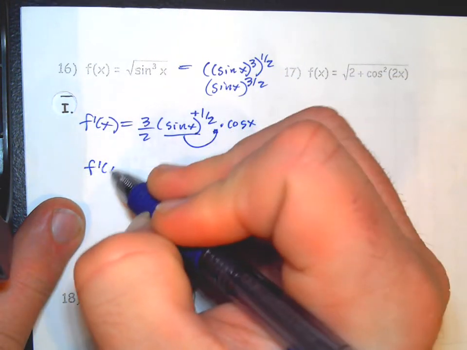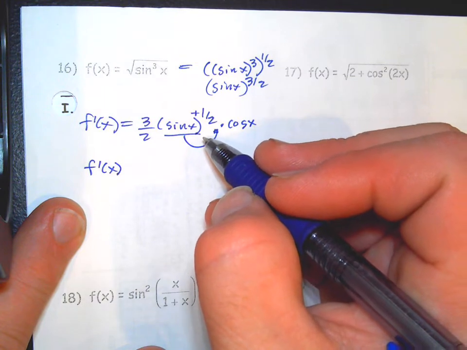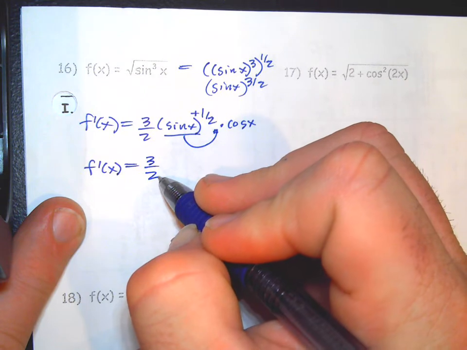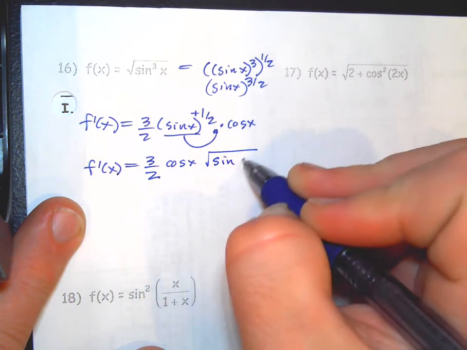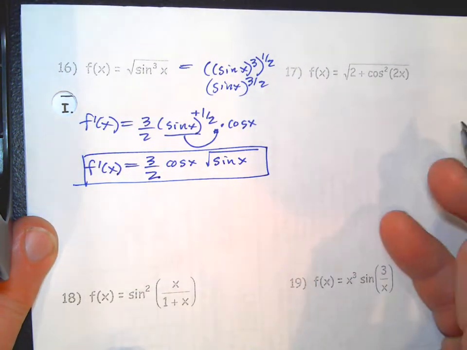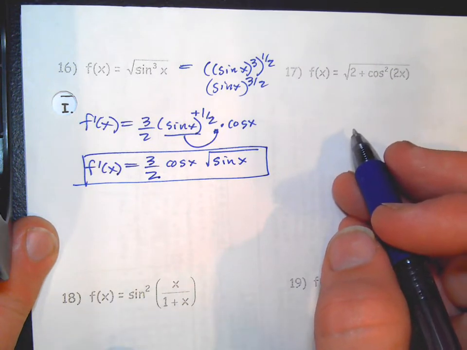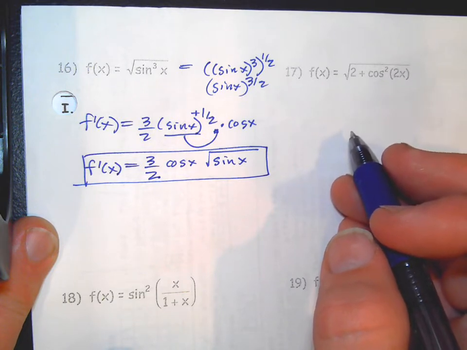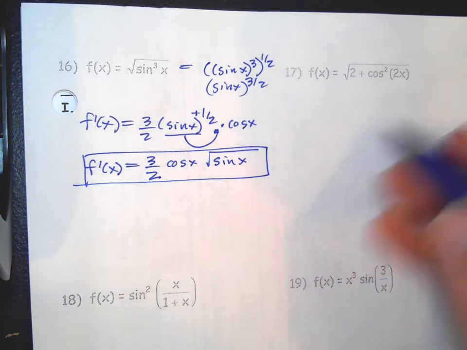And the final answer would be, I would put the cosine and then the square root of sine x. So that's how I do it. There are some other ways you can do it. It should come out the same in the end.